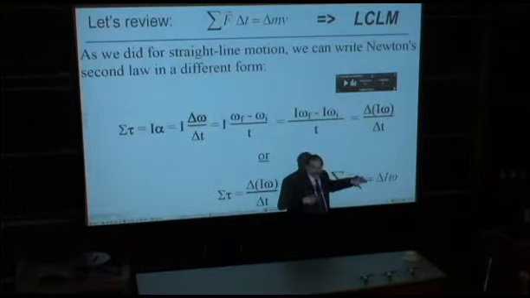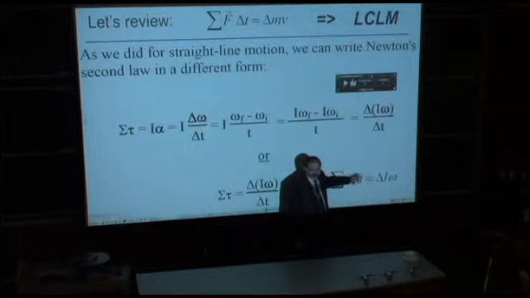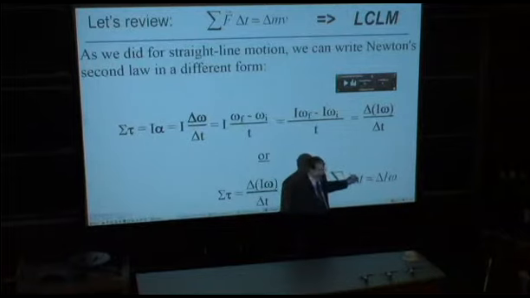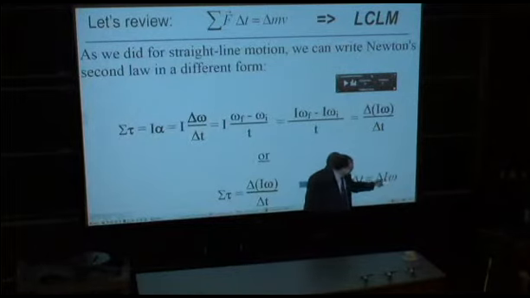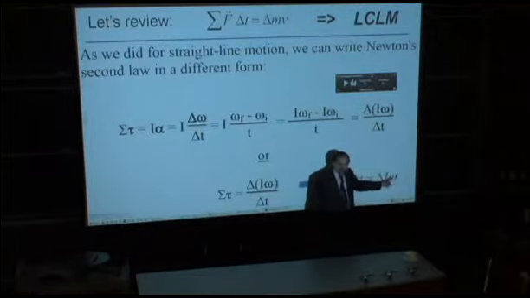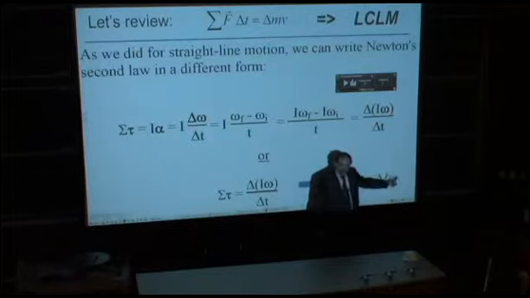Well, when we talk about rotational motion, this part has no name. It's just a product, net torque times time. But this part has a name. Now we call it angular momentum. This product, instead of mass times velocity, is equal to moment of inertia times angular velocity.